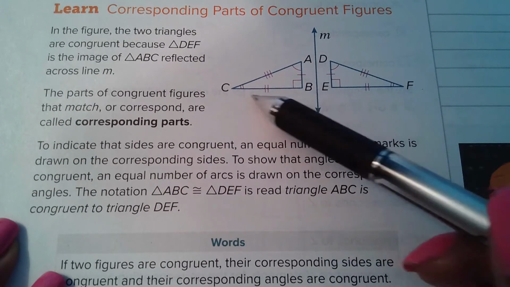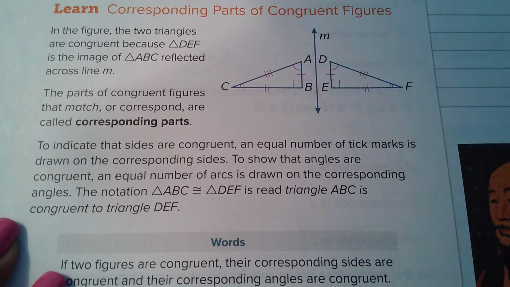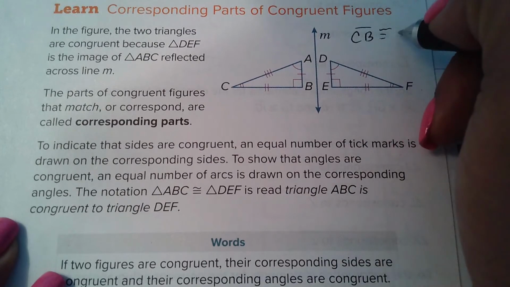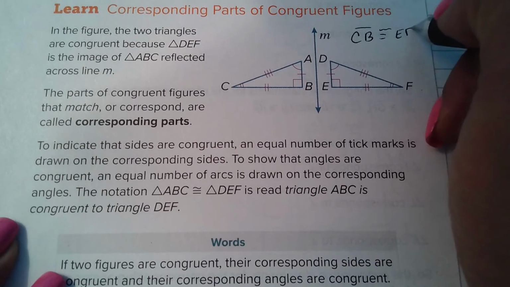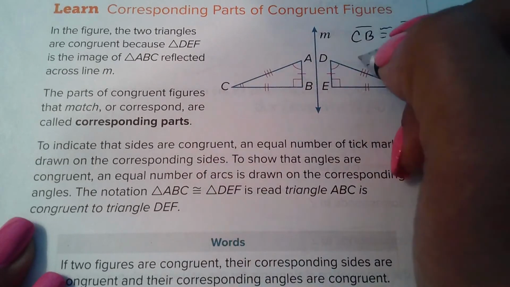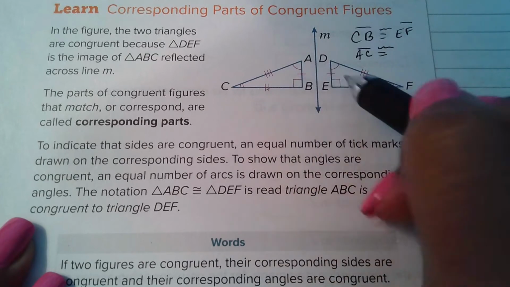So side CB is congruent to EF. AC is congruent to DF.